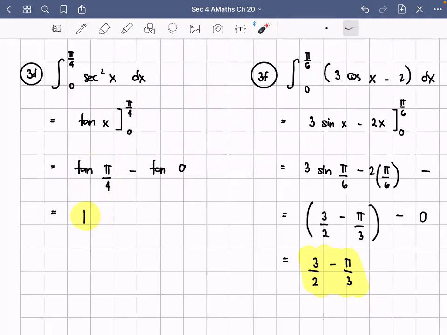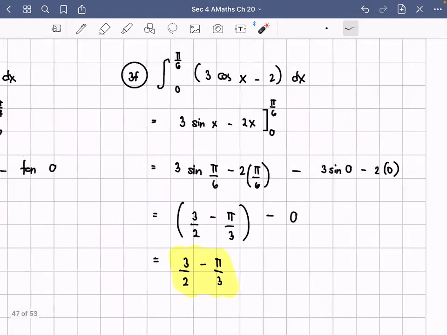Okay. For 3f, this is a bit tricky. So we need to get the antiderivative of 3 cosine x minus 2 from 0 to pi over 6. So first things first, get the antiderivative of this. So this is 3, and then the antiderivative of cosine x is simply sine x.